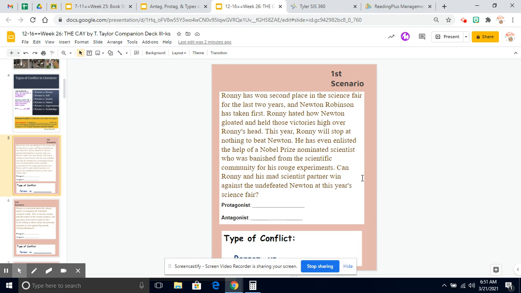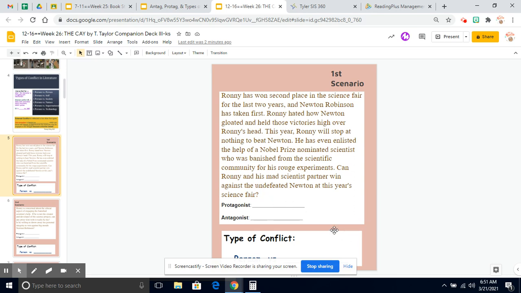This year, Ronnie will stop at nothing to beat Newton. He has even enlisted the help of a Nobel Prize nominated scientist who was banished from the scientific community for his rogue experiments. Can Ronnie and his mad scientist partner win against the undefeated Newton at this year's science fair?